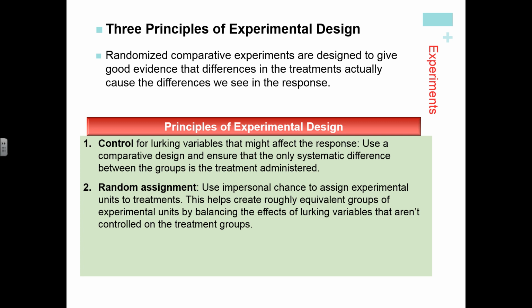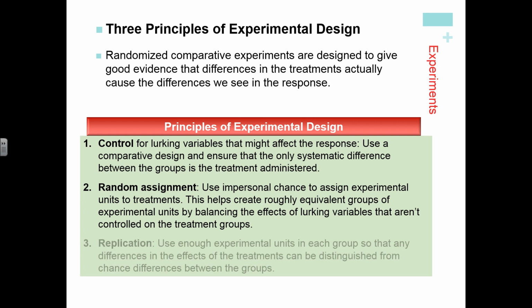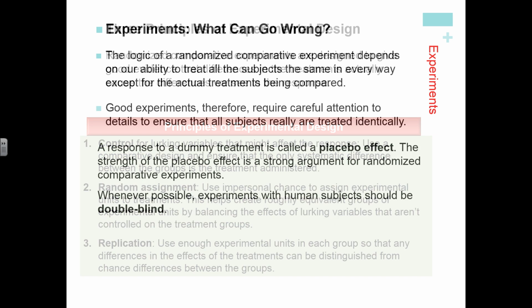You're using random assignment to eliminate some of the bias, and also some of the lurking variables that could have arose from you assigning them to groups. So again, you want to use random assignment. And then you want to use replication, which just means that you're using enough experimental units so that you can actually see the differences, and you can tell the differences between the two groups. You want to make sure your sample size is large enough.